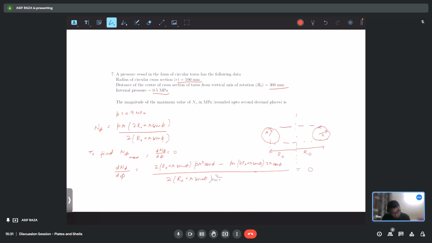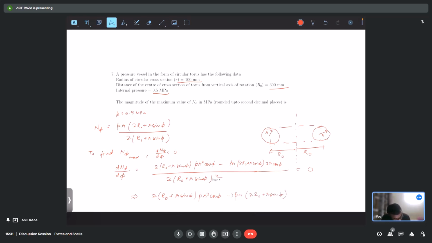This would be equal to 0, and we can simplify it as the denominator is 0, so this is (2r0 + r sin phi) times p r² cos phi minus p r (2r0 + r sin phi).